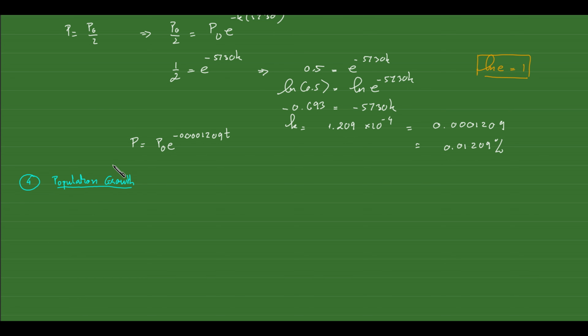Okay, and we also use that formula. So we have P equals P0 e to the kt, but instead of negative, we have positive. Okay, for example, I have this problem.